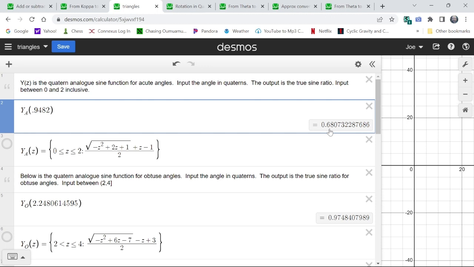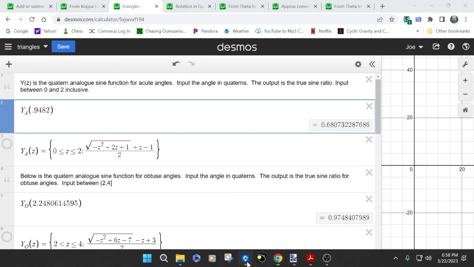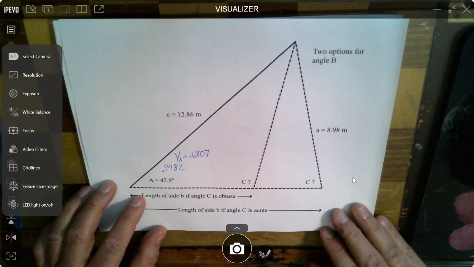Okay, so y of angle A, and I call the sine ratio for angle A ya, equals 0.6807. And that is how I round it. So this is what we have so far on our paper here.